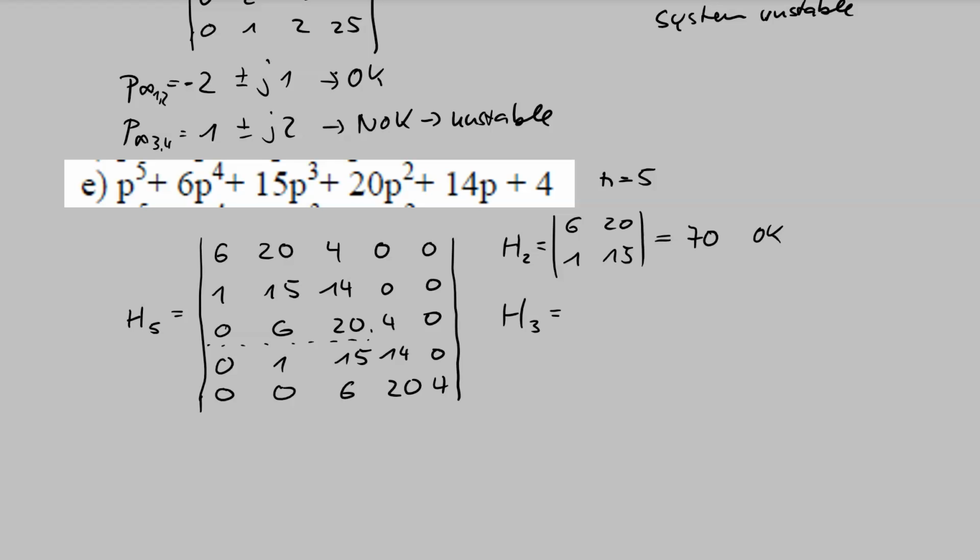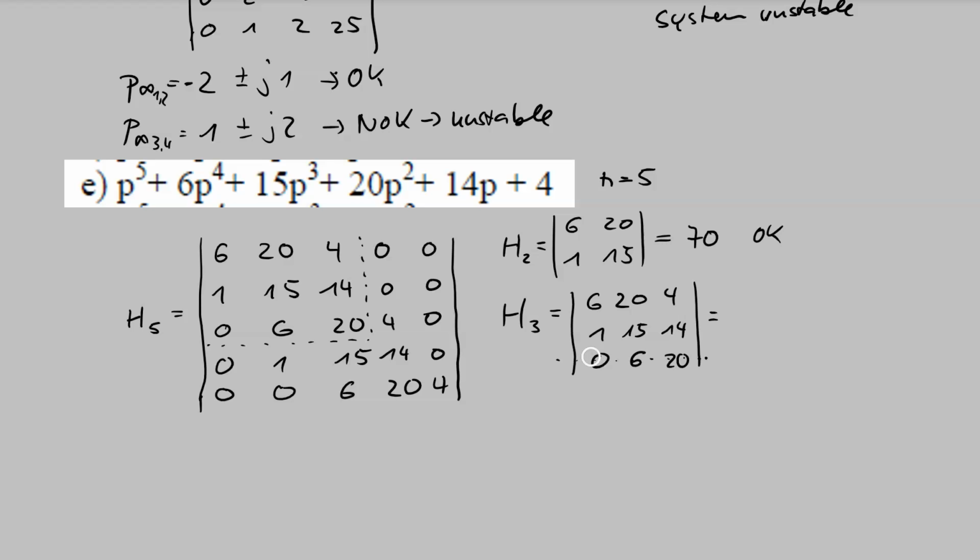The H3 determinant can be written as 6, 24, 1, 15, 14, 0, 6, 20. Of course, now I have to develop either along this or that element. I develop along the third row.